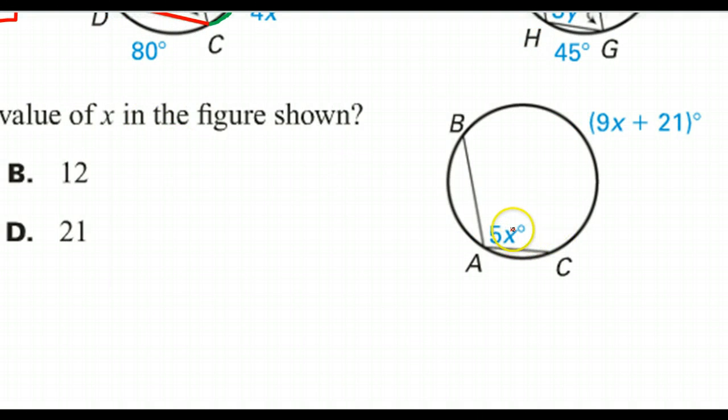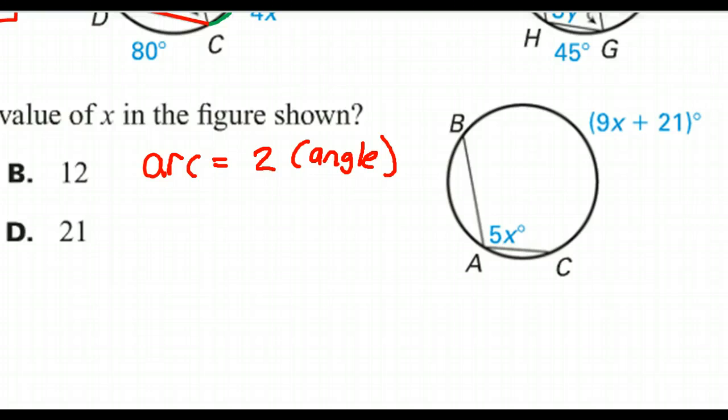Basically, you could either say the angle is half the arc, or you could say that the arc is double the angle. To avoid fractions, I'm going to write it the second way. The arc should equal 2 times the angle. That is our strategy.